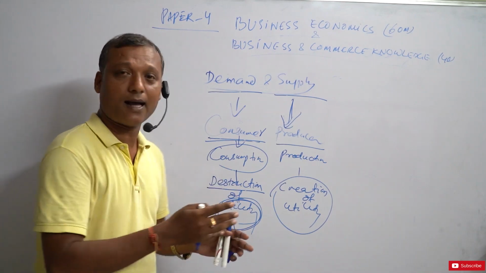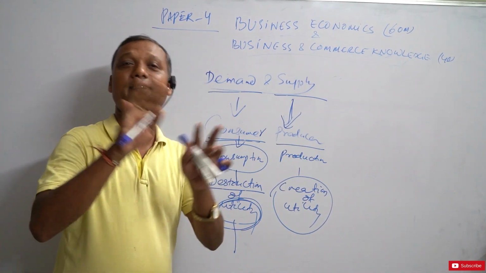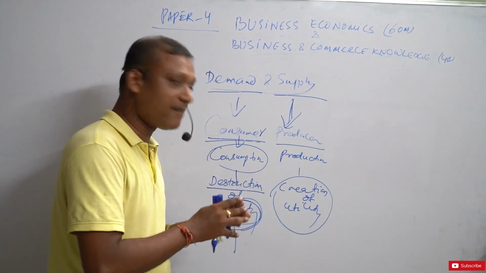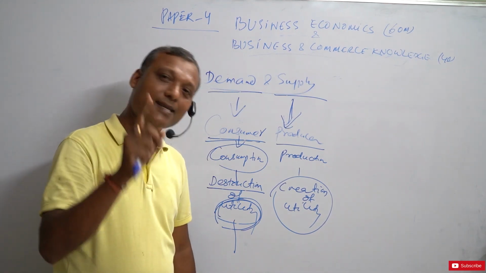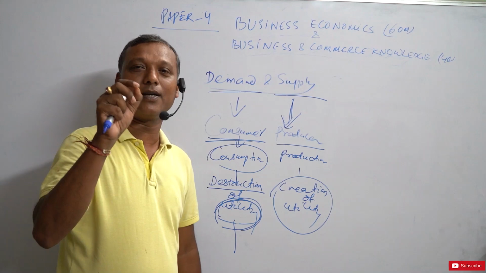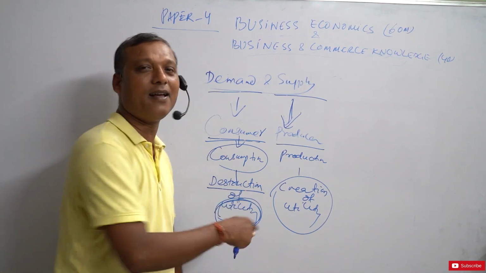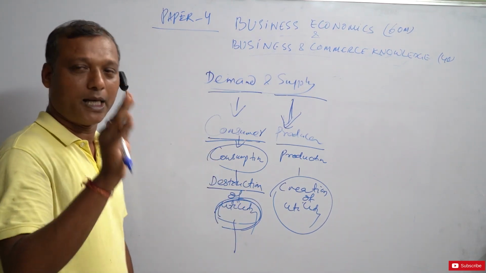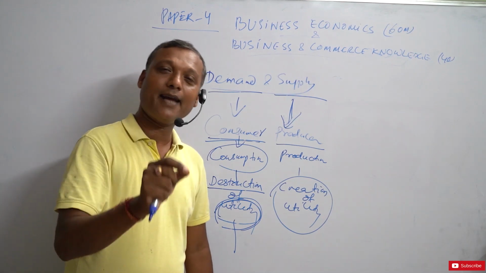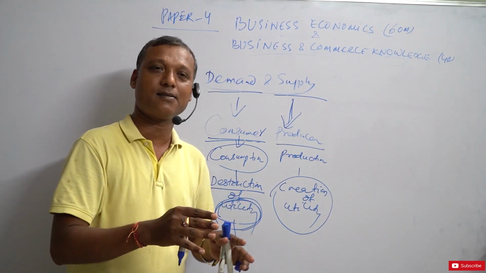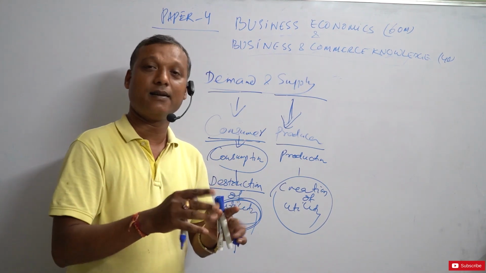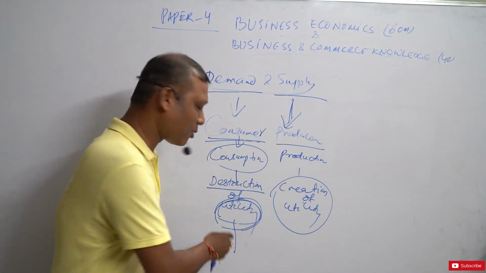If a commodity, an item, a good satisfies a single individual, then also we can say that commodity has utility.